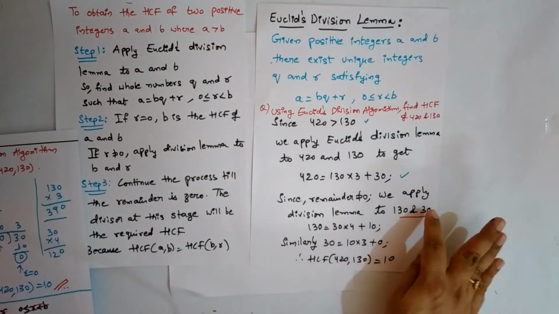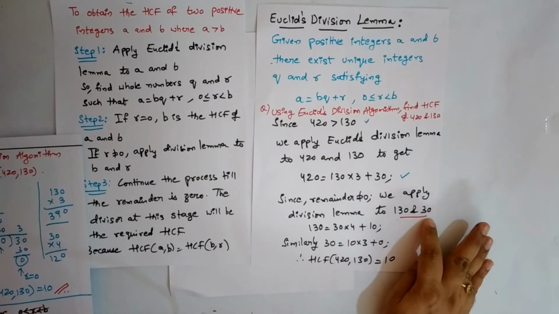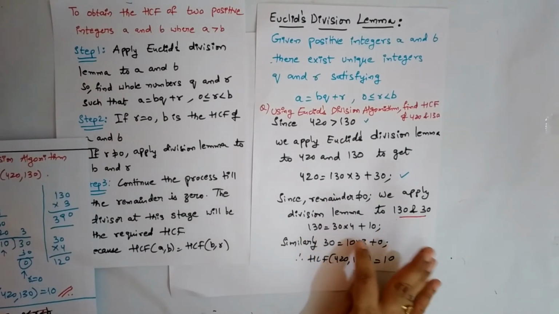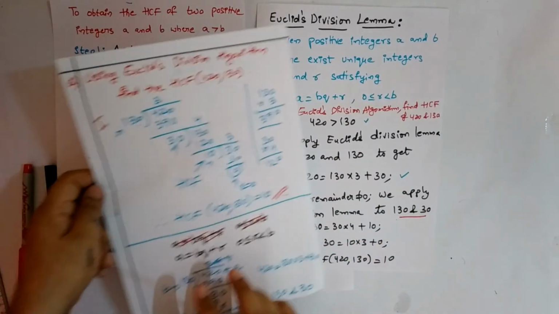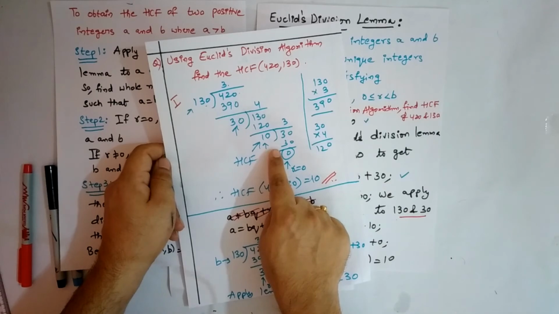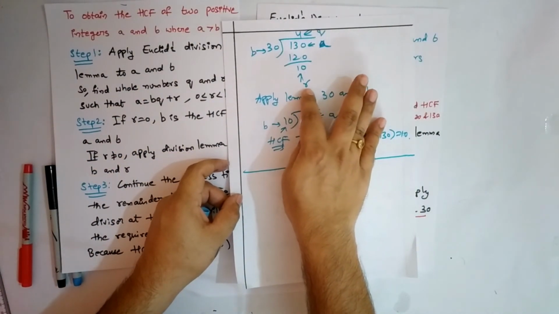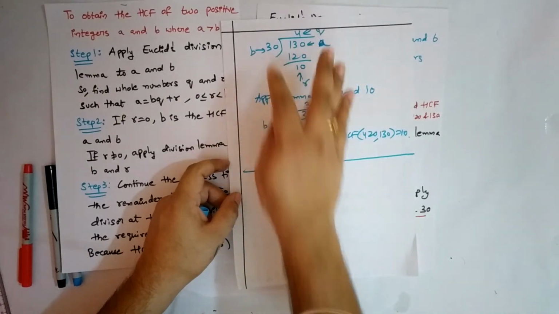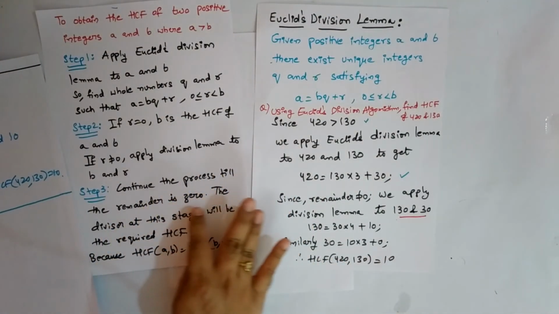Since remainder is not equal to 0, apply division lemma to B is 130 and R is 30. Then we'll get the result like this: 130 equal to 30 into 4 plus 10. You can see the division here. Here the remainder is 10 and B is 30. Then continue the process till remainder is 0.